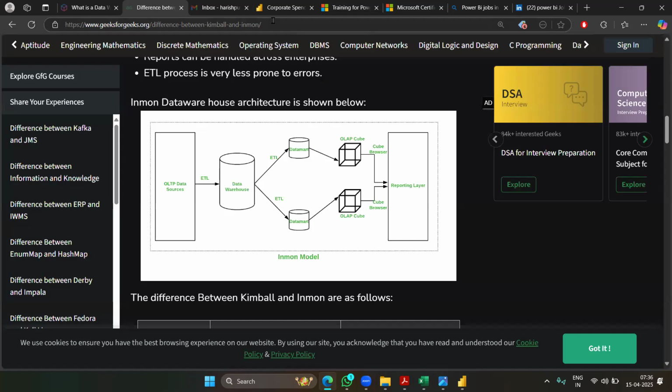So, what do you think? Which one is good, Inmon or Ralph Kimball's model? If you have a business, which model would you suggest? Any suggestions?